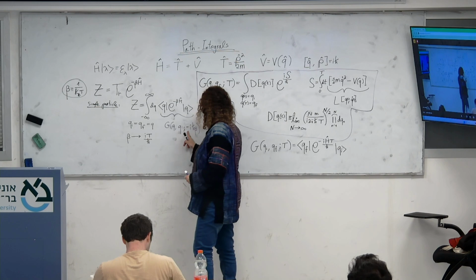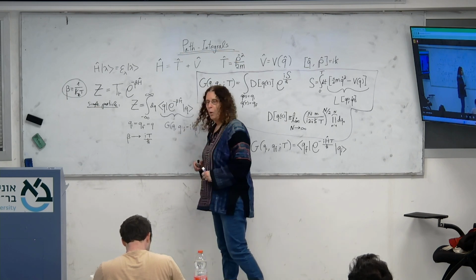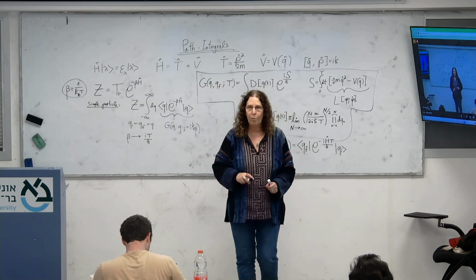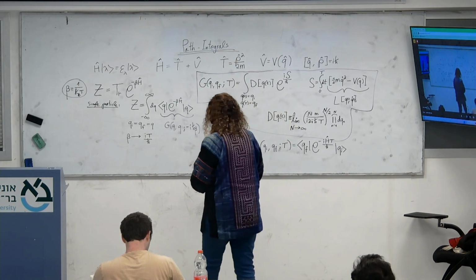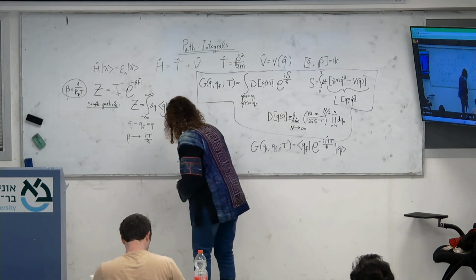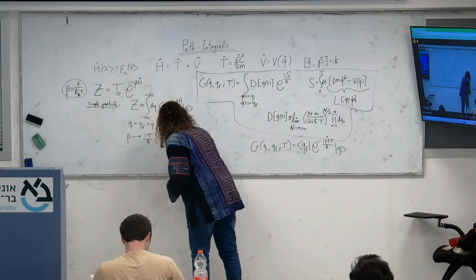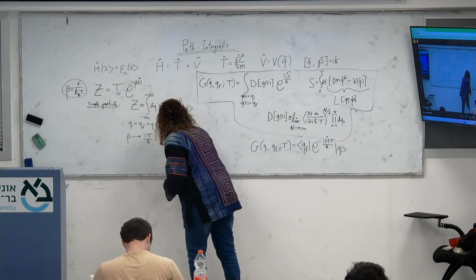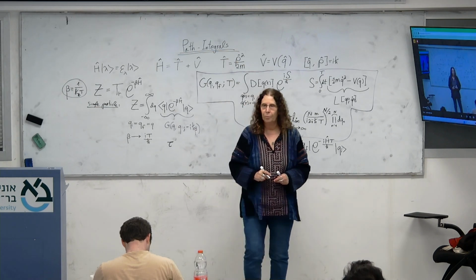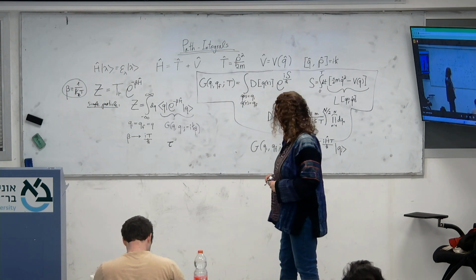However, here, in order to play this game, we have to do an analytical continuation of everything, and we can introduce, once again, a real variable tau. Okay, let me denote it by tau.